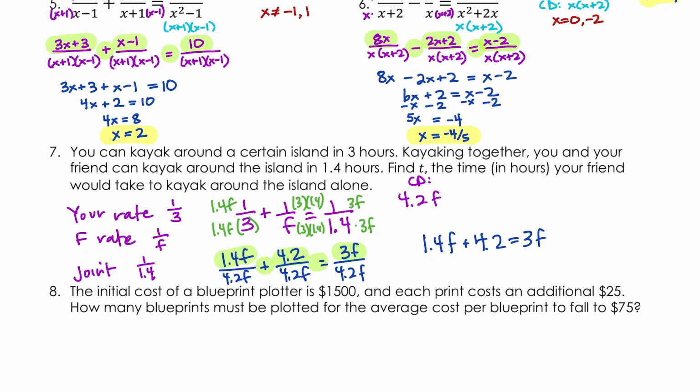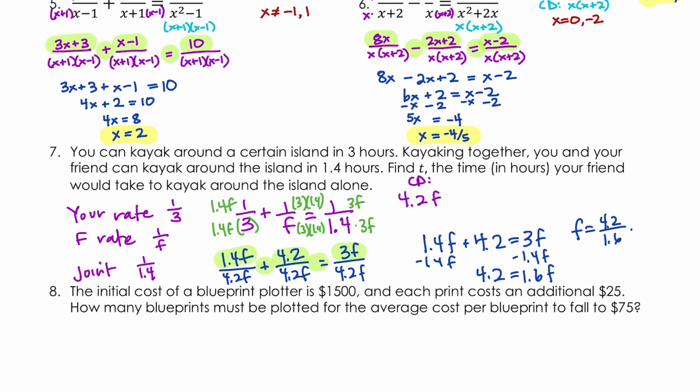And so 1.4F, I'm going to subtract from both sides. I get 4.2 equals 1.6F. And in order to solve for F, we're going to take that 4.2 divided by 1.6.